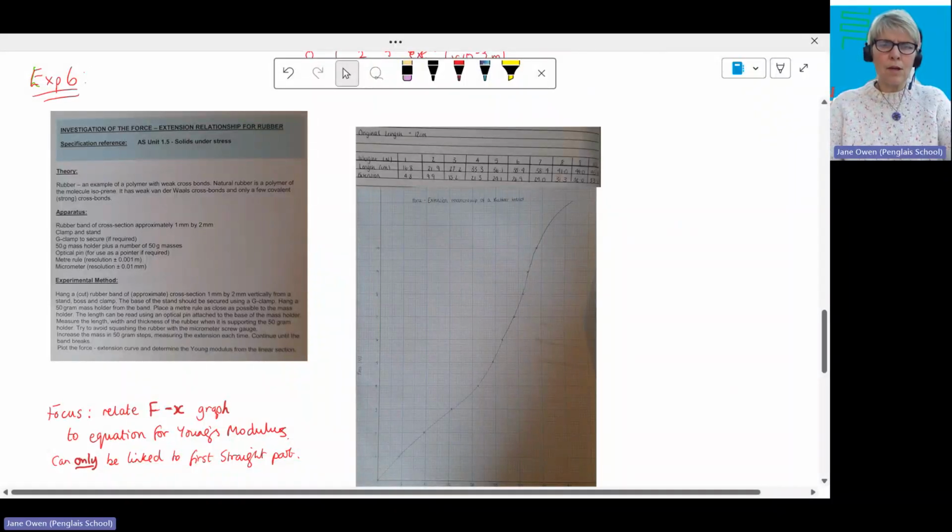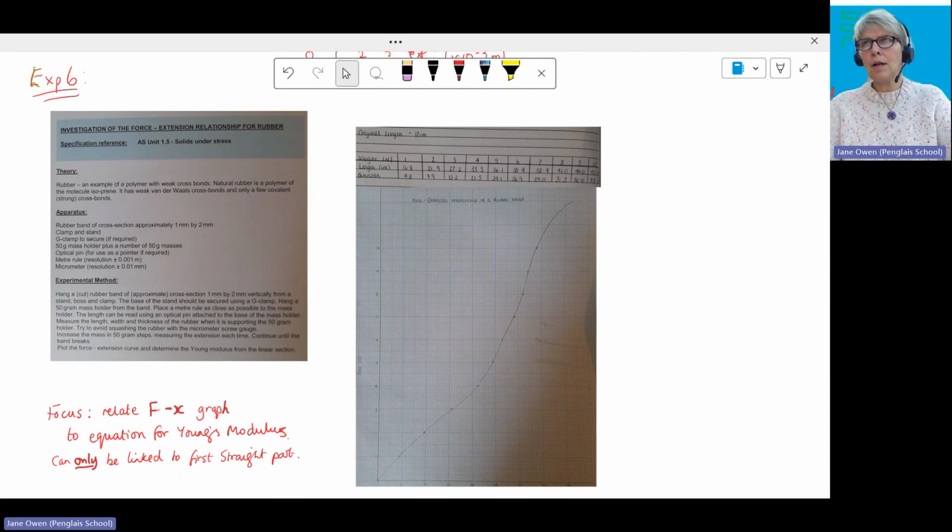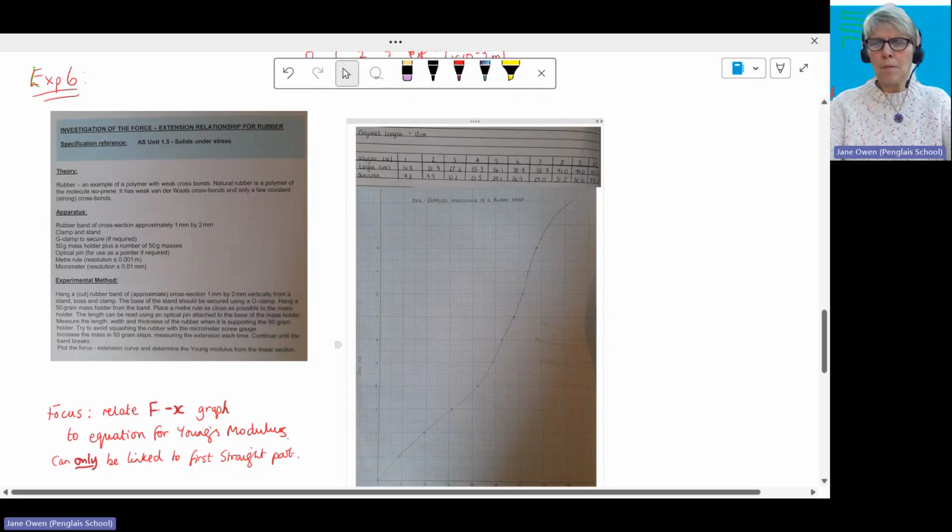when you study materials that brittle materials will show a straight line with a Young's modulus. For example, glass, it will have force against extension as a straight line.